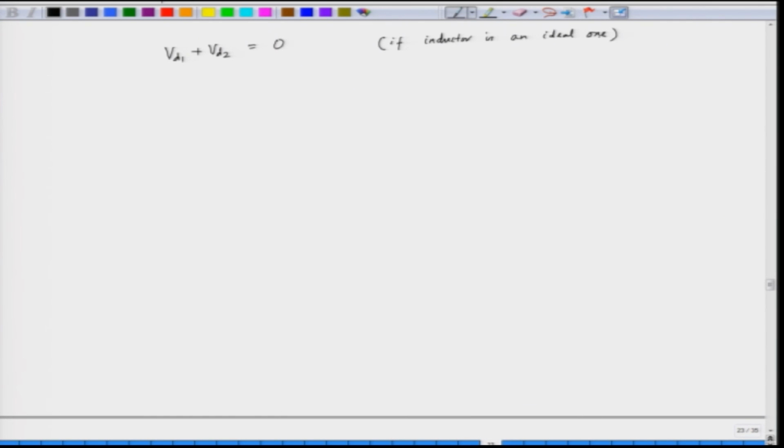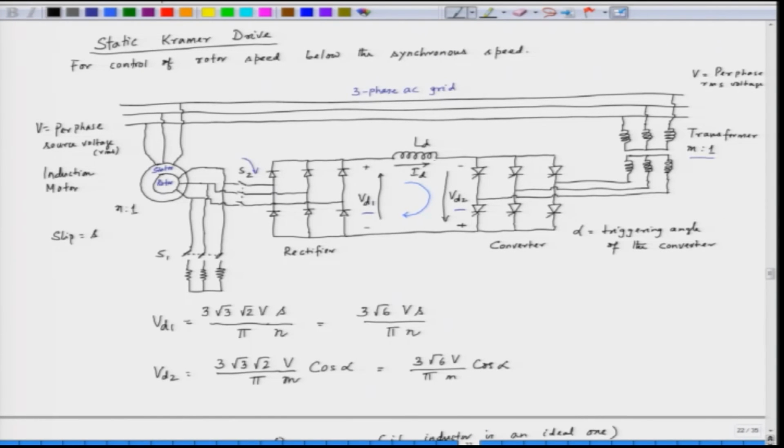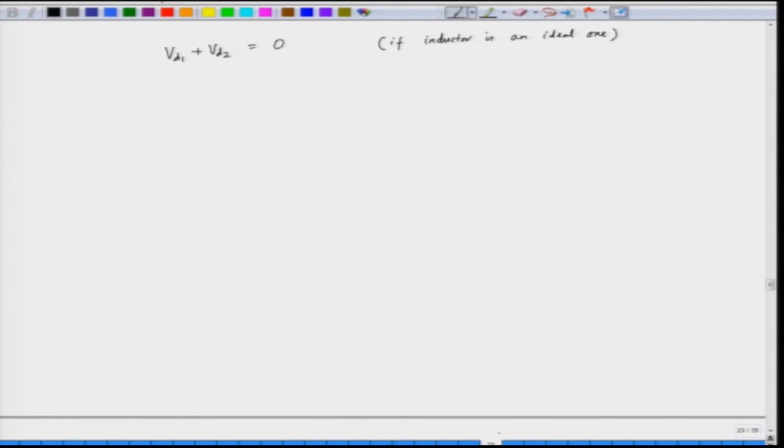So, if the inductor is an ideal one, there is no drop here. So, we can say that VD1 plus VD2 is equal to 0.